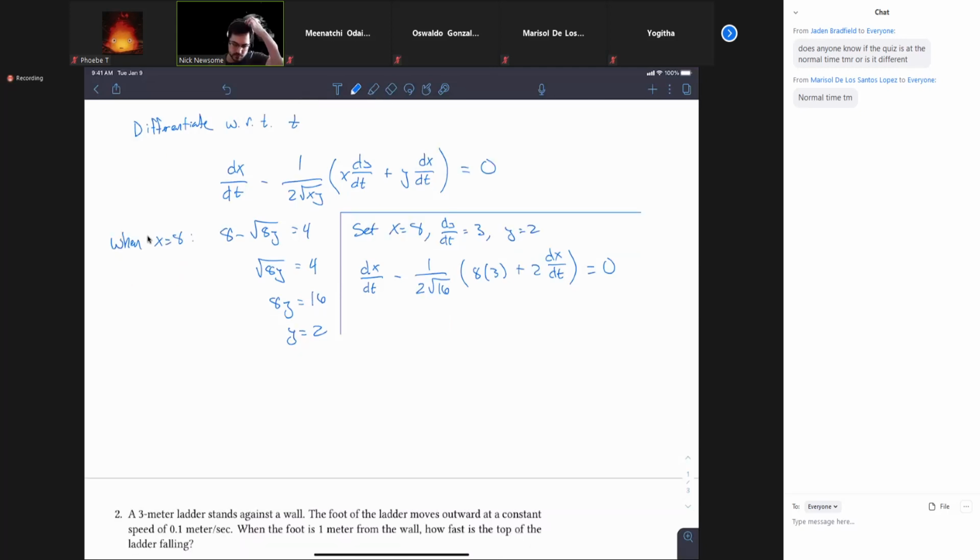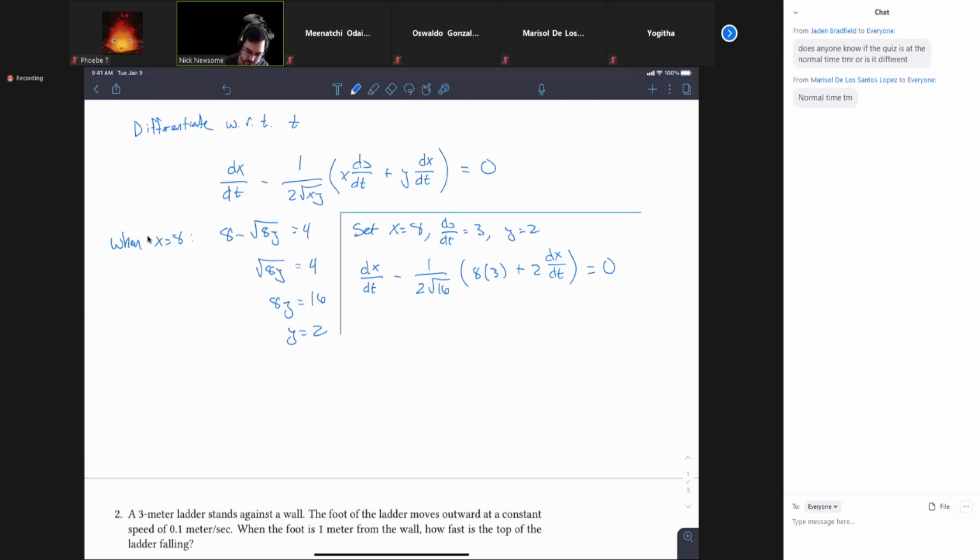So now we're just back in algebra world. So I'll say the words, but I'm not going to write down all the steps. I'm going to distribute this thing to each piece, collect like terms, so collect the dx dt's, and then move all the numbers to the other side.